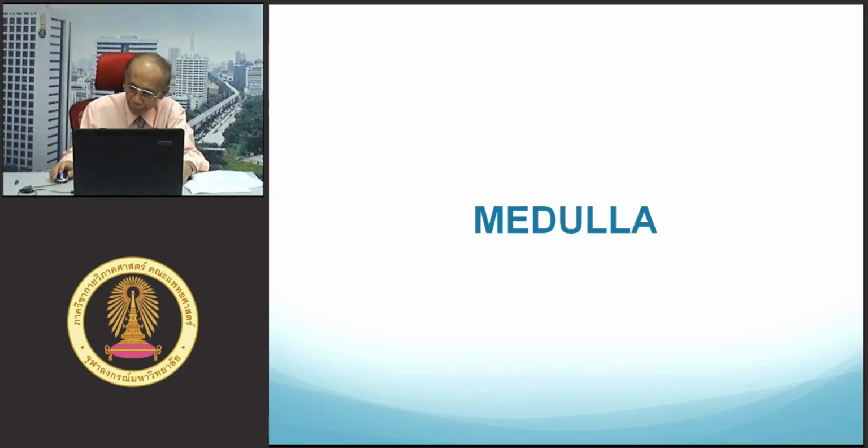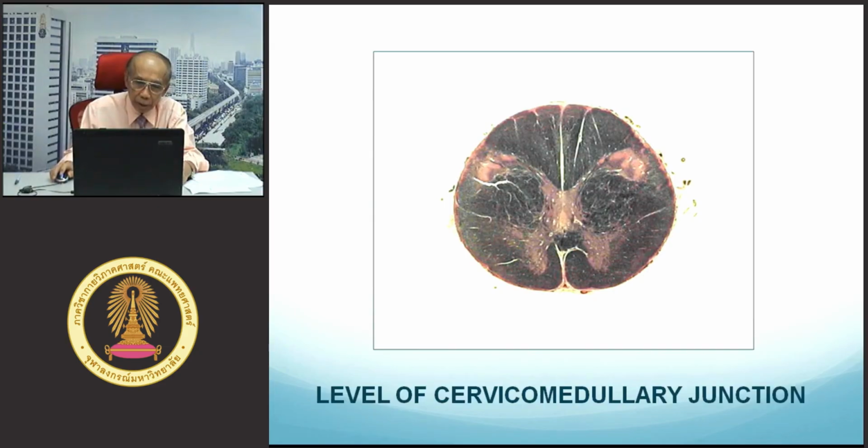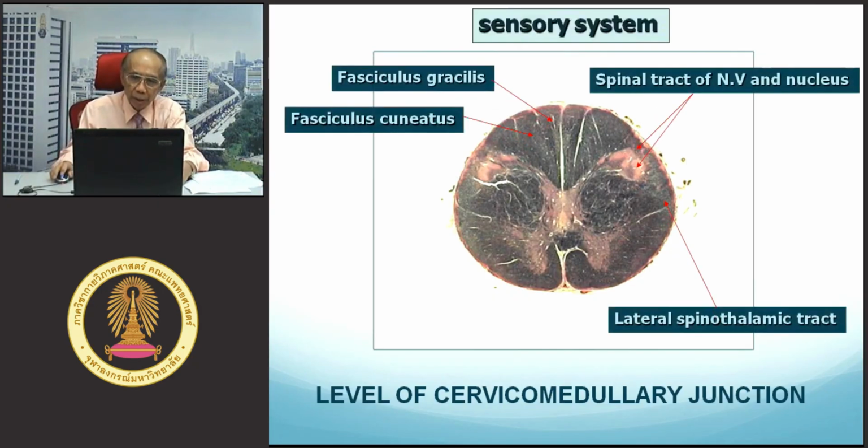Now we go to the brainstem, the medulla. Level of the cervicomedullary junction. The sensory system includes the fasciculus gracilis, which conveys proprioception from the ipsilateral lower limb, the fasciculus cuneatus, which conveys proprioception from the ipsilateral upper limb, the spinal tract of the trigeminal nerve and its nucleus, and the lateral spinothalamic tract, involved in pain from the contralateral side of the body.